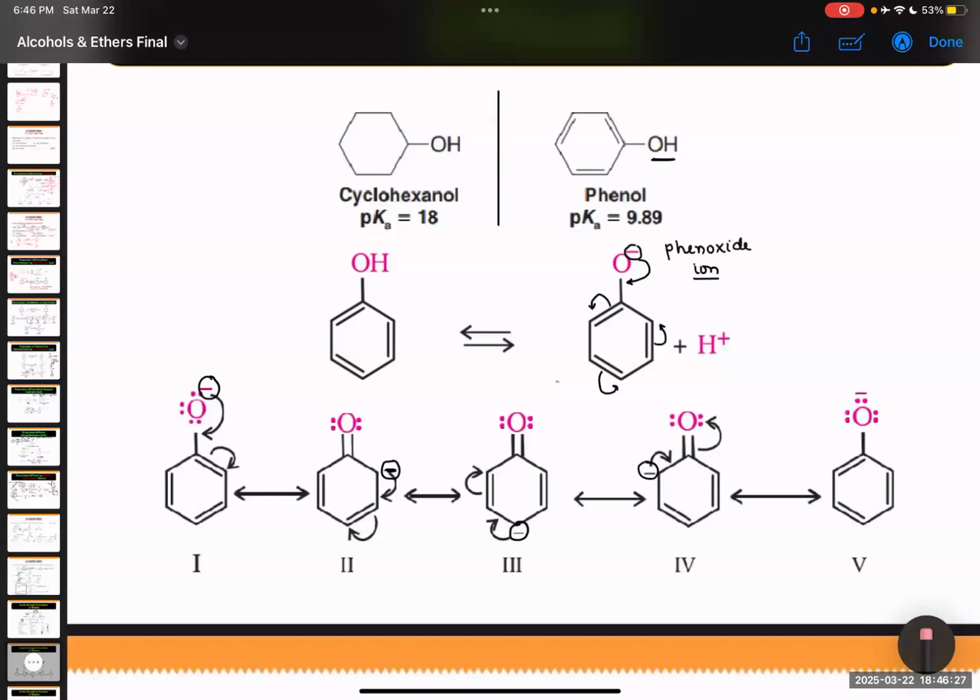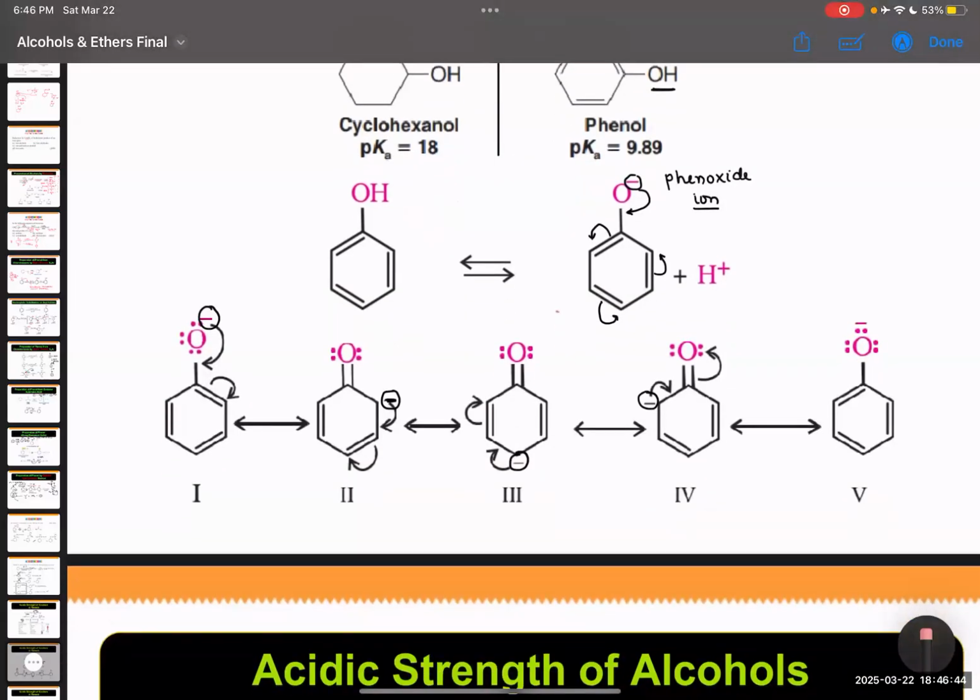And if you put some groups which can help this negative charge to spread further, then definitely the acidic strength of the phenol is going to increase. If you put an electron withdrawing group, where you need to put it is a very important question.